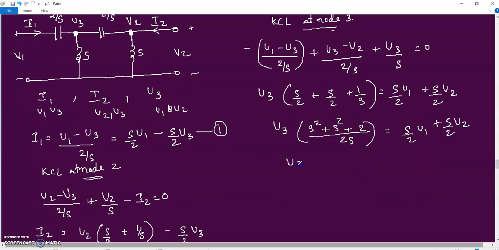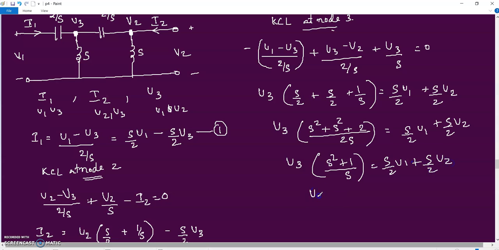That is equal to V3 into (2S square plus 2) by 2S, which will give you S square plus 1 by S. The 2 in the numerator and denominator will get cancelled off. It is equal to S by 2 V1 plus S by 2 V2.